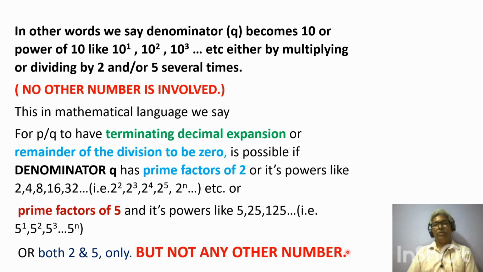So this is the explanation of terminating decimal expansion.